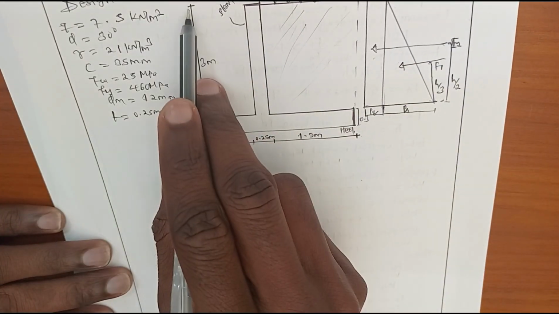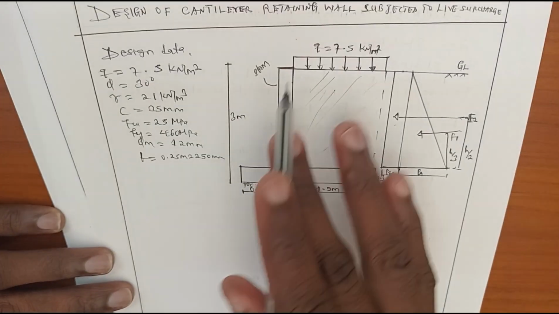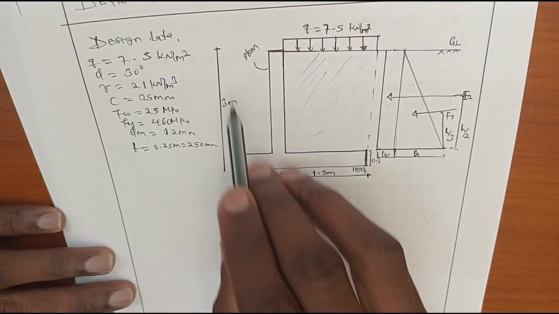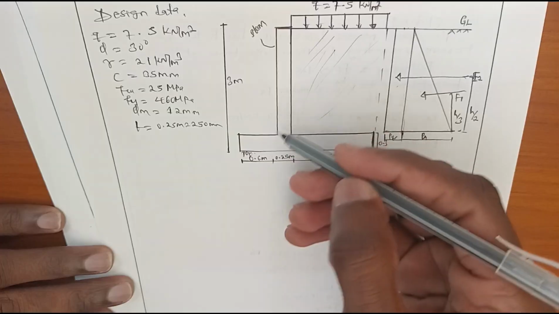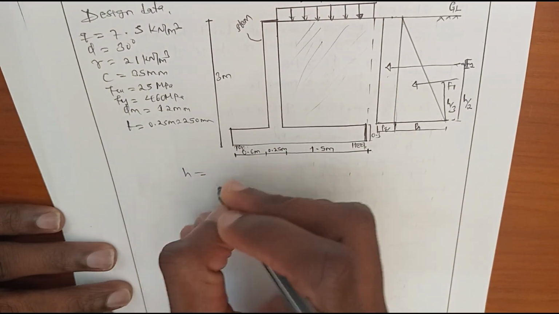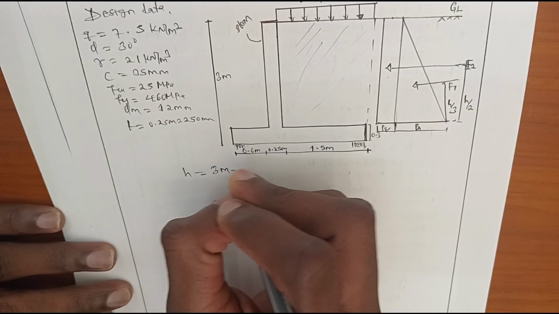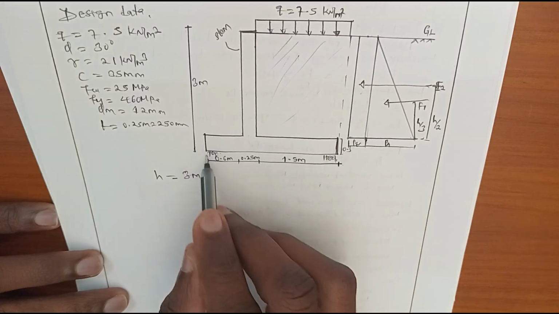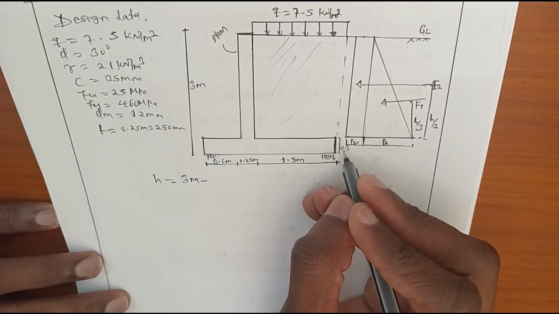Because the total height of this cantilever from the ground level up to the base is 3 meters, to obtain the height of this stem, it will be equal to 3 meters minus the thickness of this base, which is 0.3 meters.